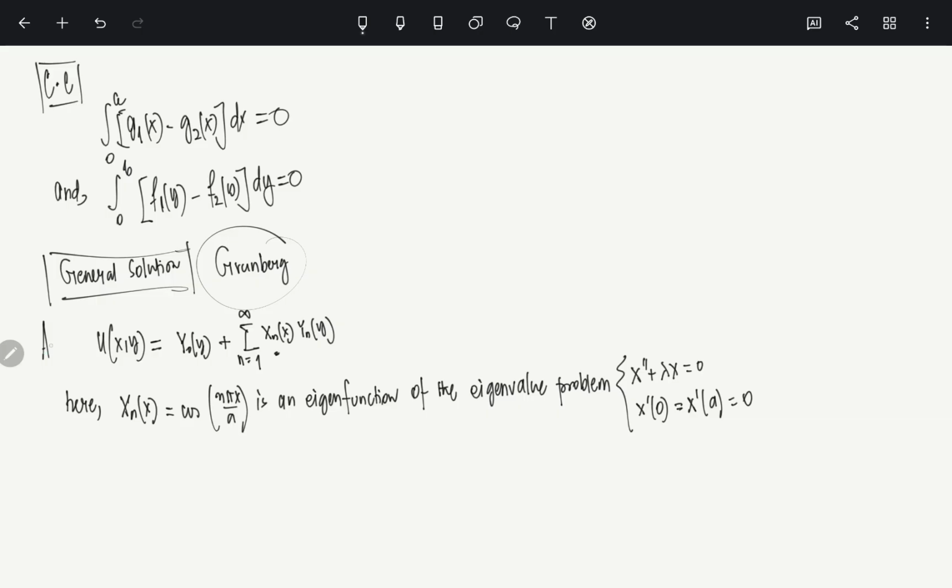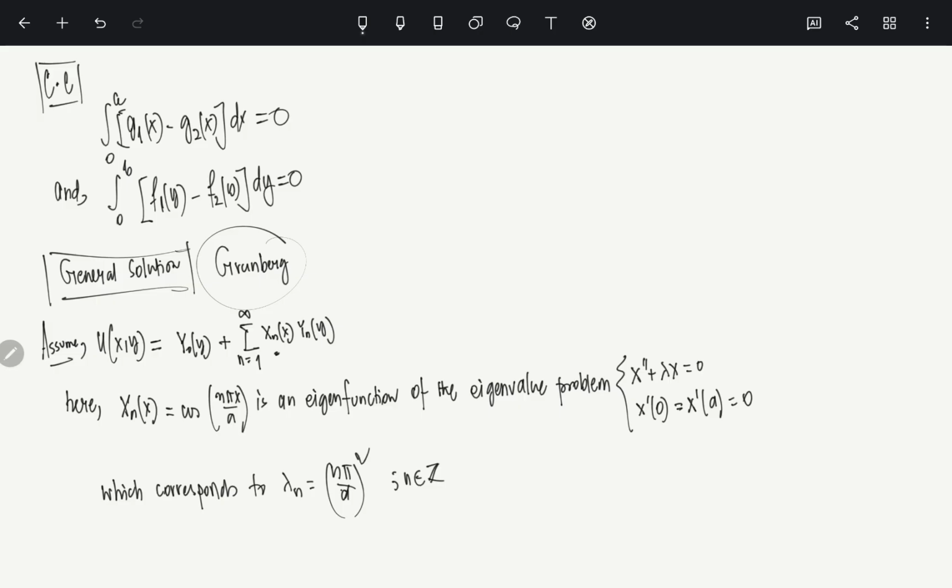So we assume that u looks like this, where this is the Xn. Yeah, this is our assumption, and this is corresponding to the eigenvalue problem, which corresponds to lambda n's, which are (n pi by a) squared, n in Z. Clear?